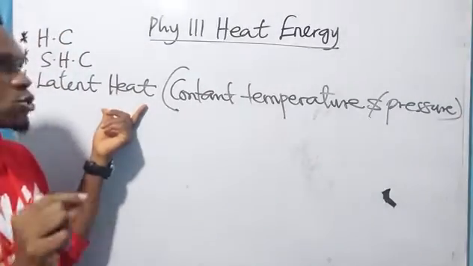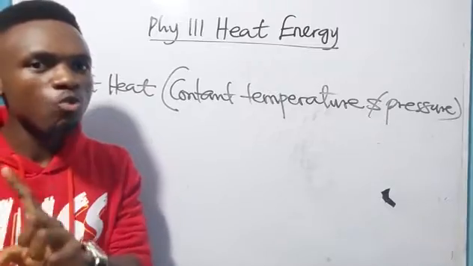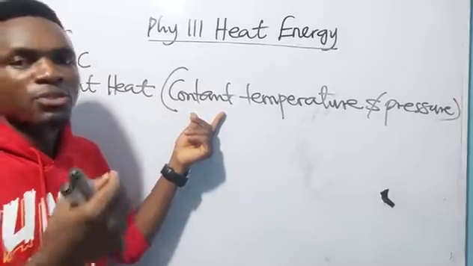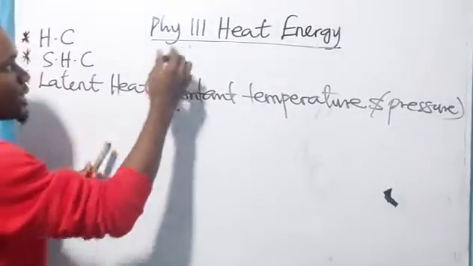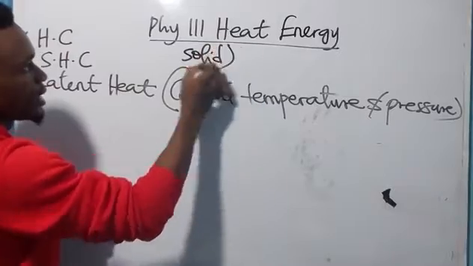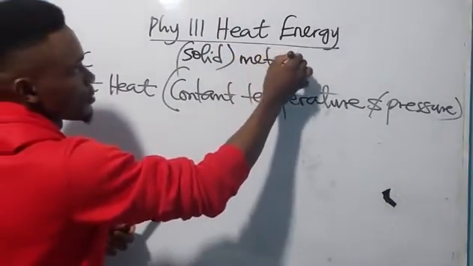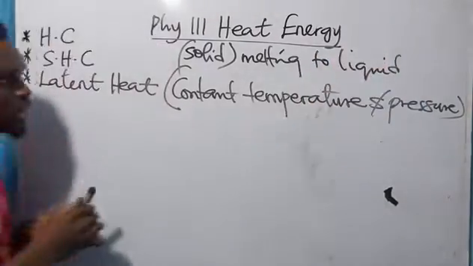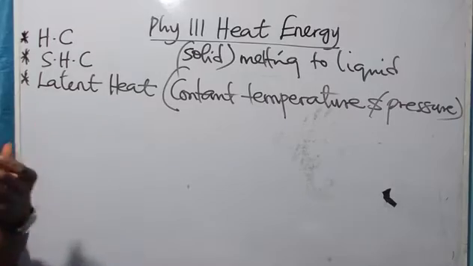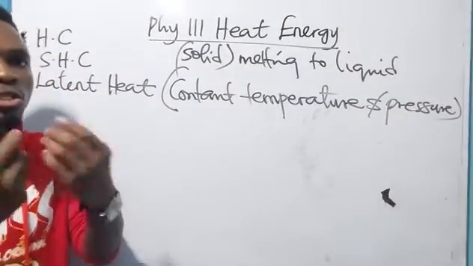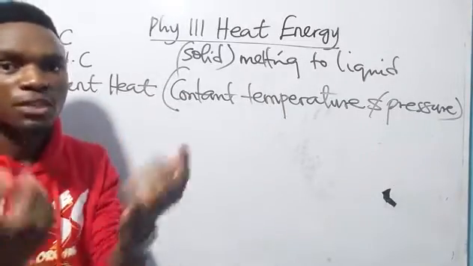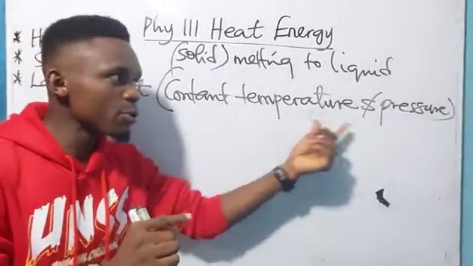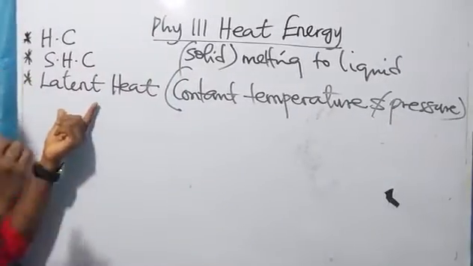Specific latent heat of fusion means the quantity of heat required to change the mass of a solid at its melting point to liquid. Latent heat is just the quantity of heat required to change the mass of a substance at constant temperature and pressure.